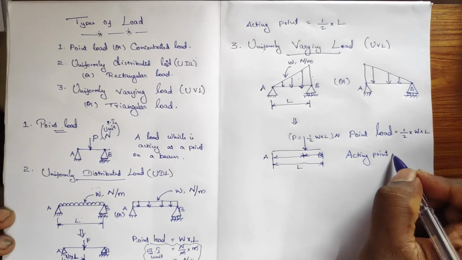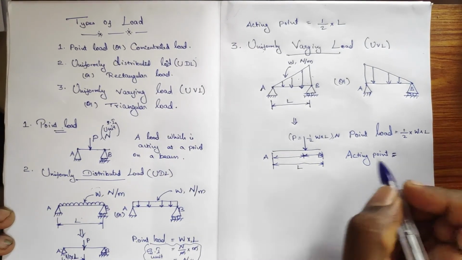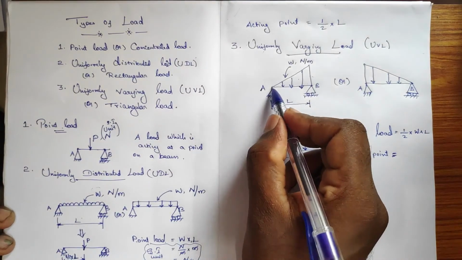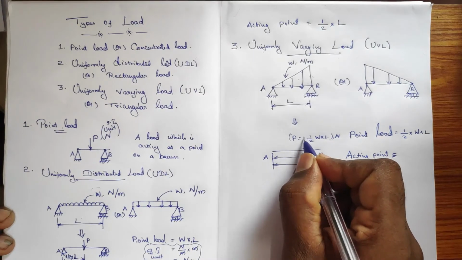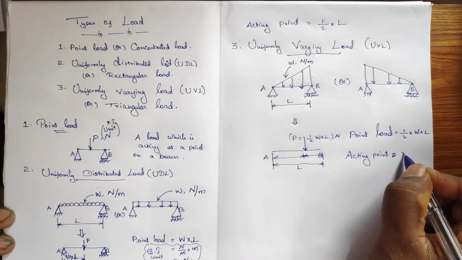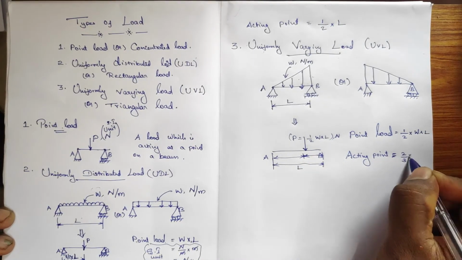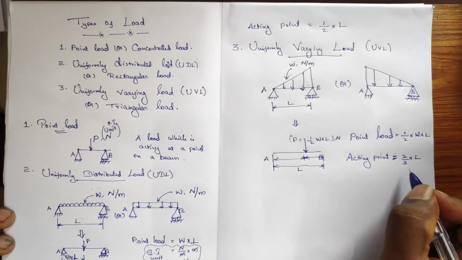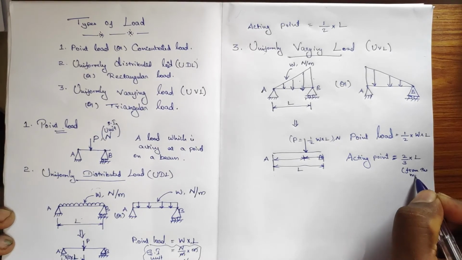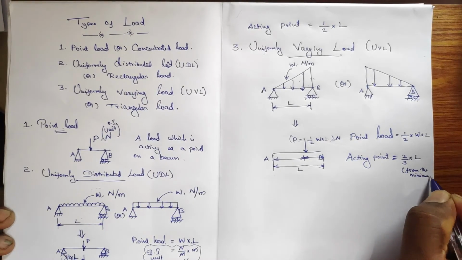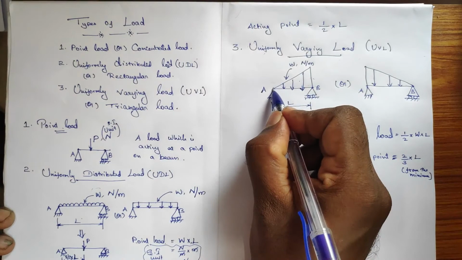So I can say, if it is being determined from the minimum end, the point load will be located at 2 by 3 of its length. Okay, from the minimum, here is the minimum point, am I right?